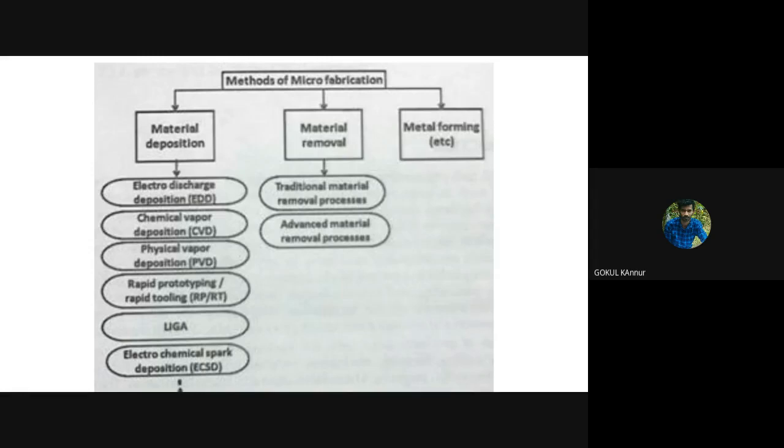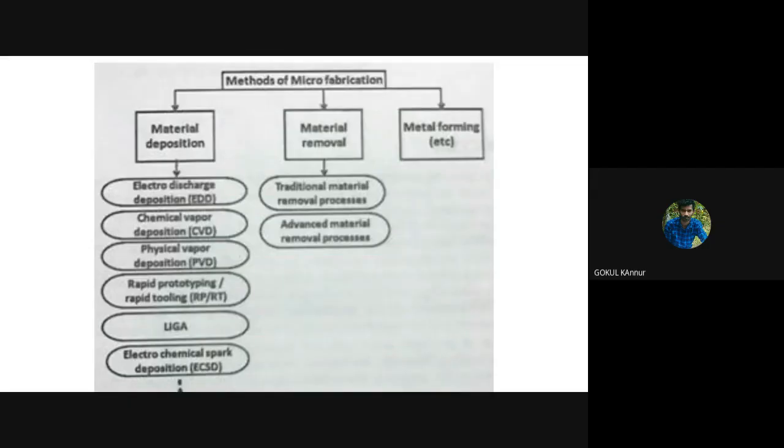Metal forming we have already seen. When the forming processes are done at the micro level, we can call it micro metal forming and all. Those come under the third category.